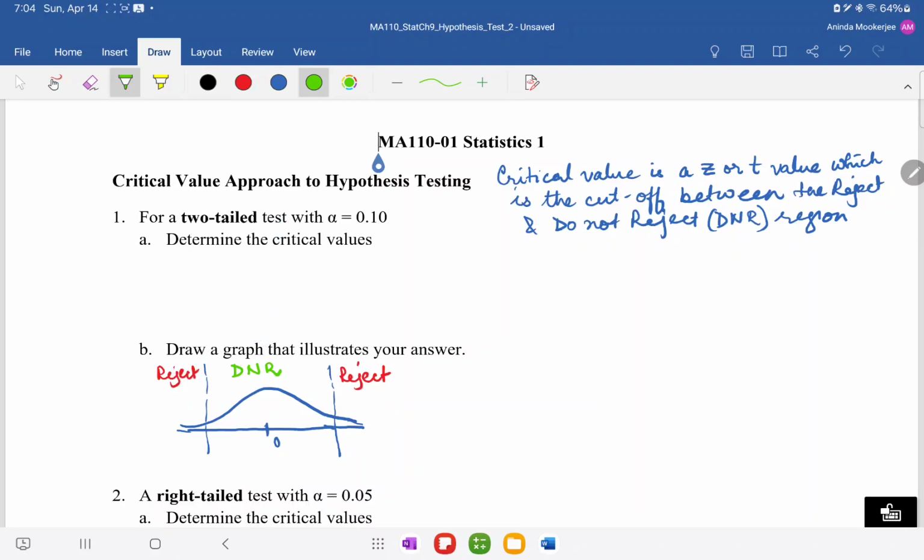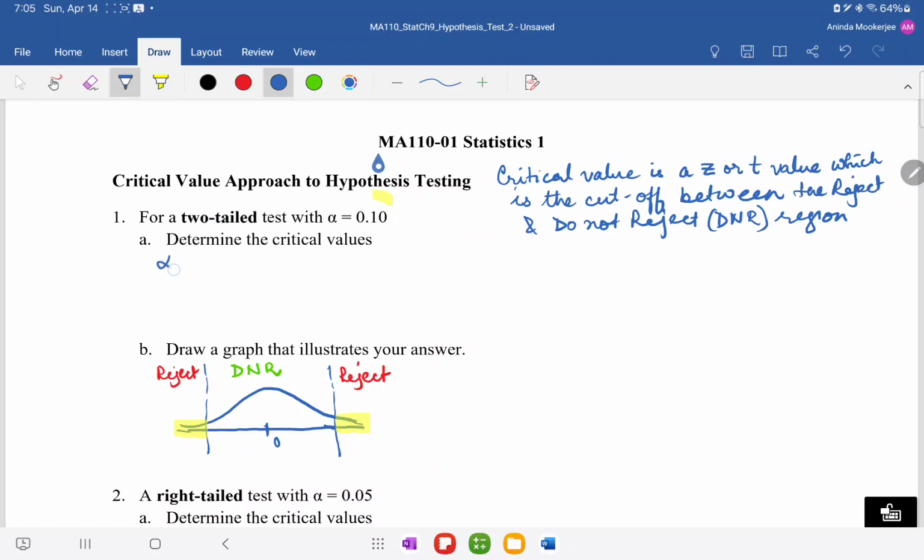Now, each of these reject regions has an area under the curve, and that area will be determined from the alpha value given to us. Here, the alpha value given to us is 0.10. That's the area of the reject regions. However, because we have the reject region split over both ends of the curve, we have to split our alpha value as well.